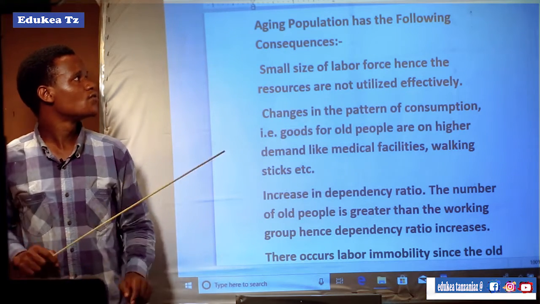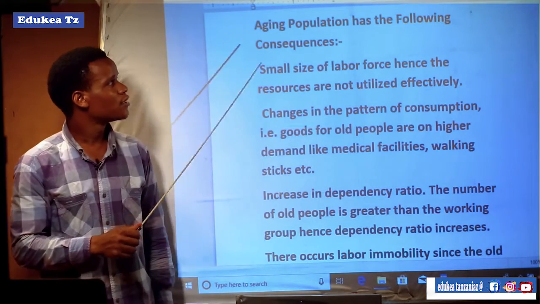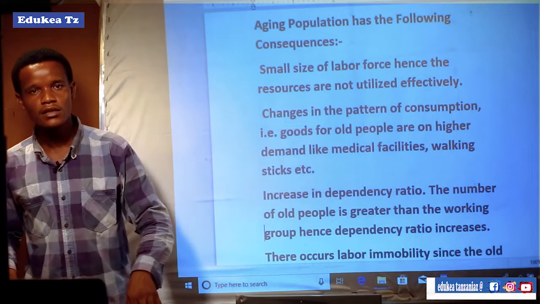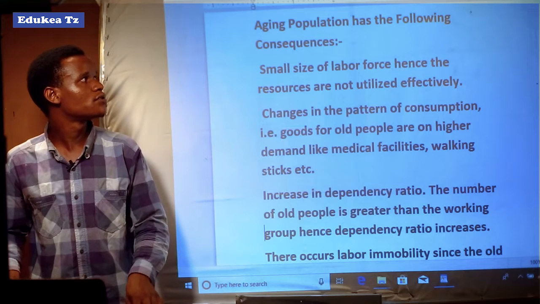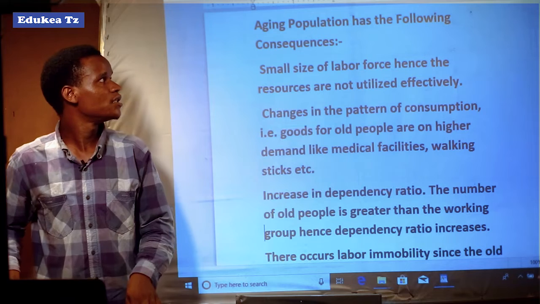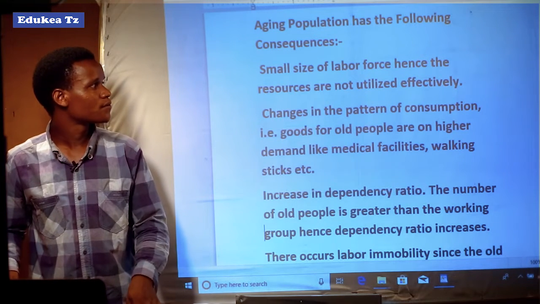Okay, let's now see the aging population consequences. There are problems that result from the presence of this aging population. So now let's see those consequences. The first one is a small size of labor force.